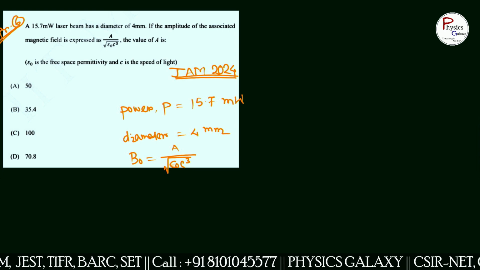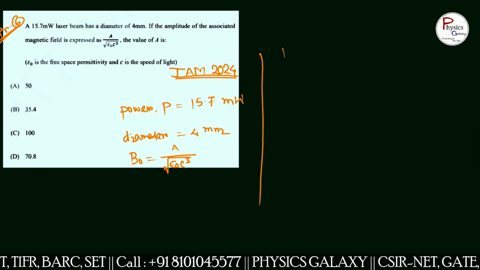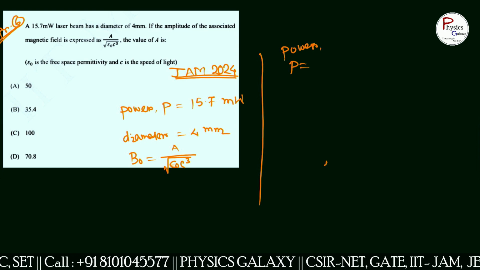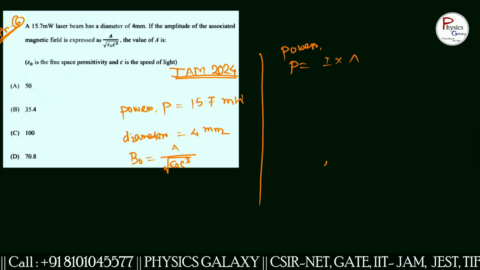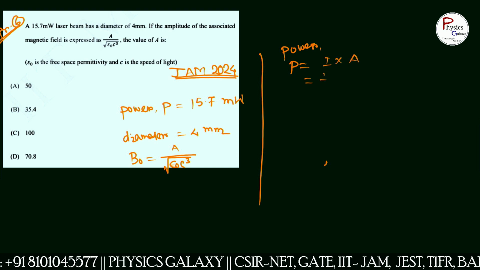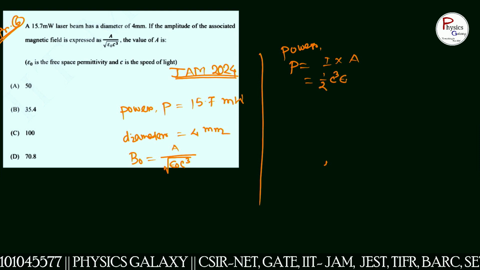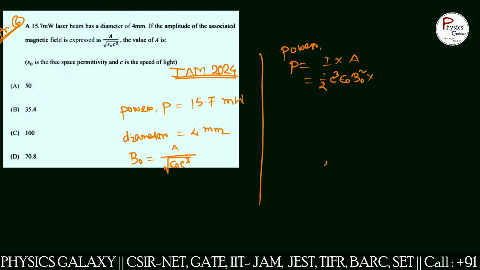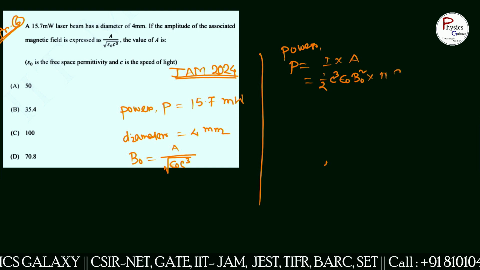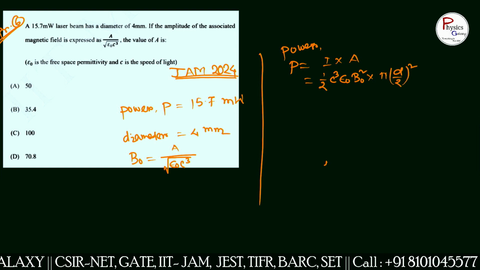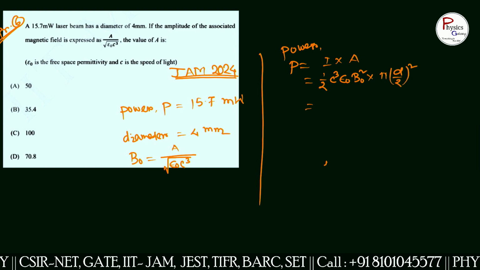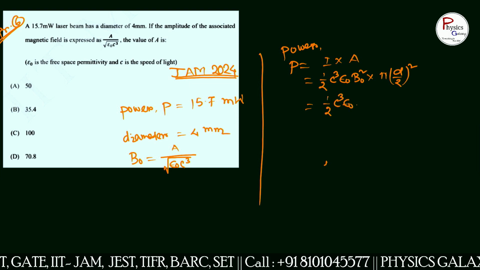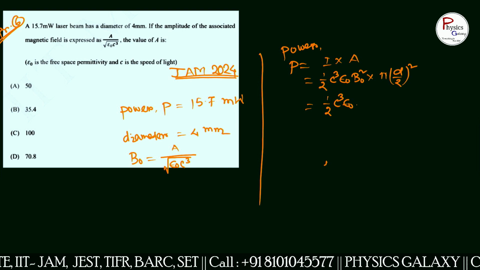Now from the power formula of the laser source, power P equals to intensity into area, which will equal half of c cube into epsilon 0 B0 square into area. Area is pi R square, pi of (D by 2) whole square, equals to half of c cube into epsilon 0 into the value of B0 here, A by root under epsilon 0 c cube.